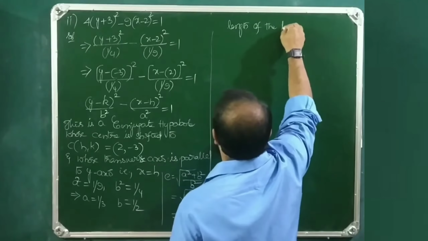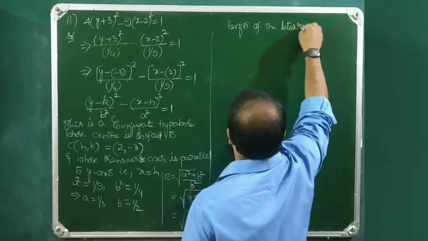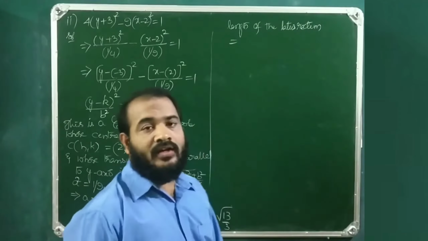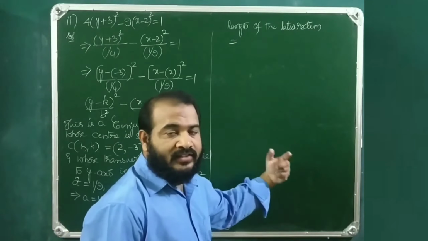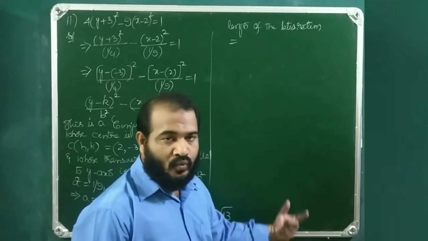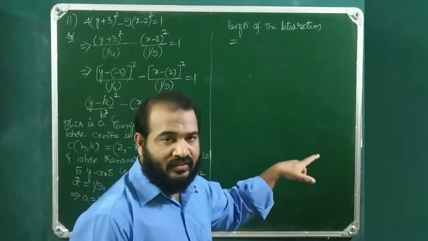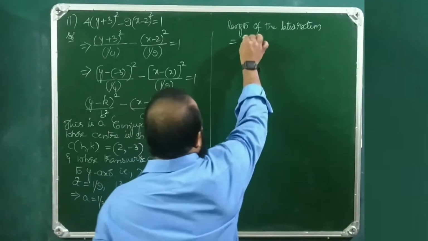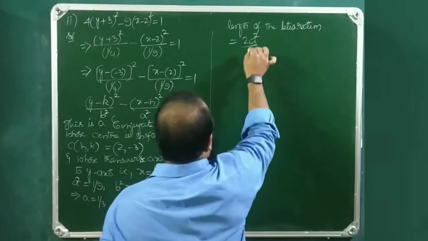Length of the latus rectum: for the hyperbola x square by a square minus y square by b square equals 1, 2b square by a is the length of the latus rectum. But here, for the conjugate hyperbola, it is 2a square by b.